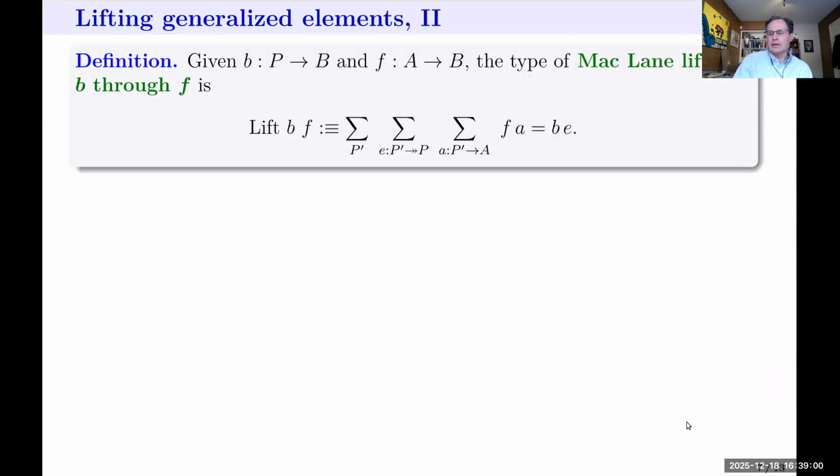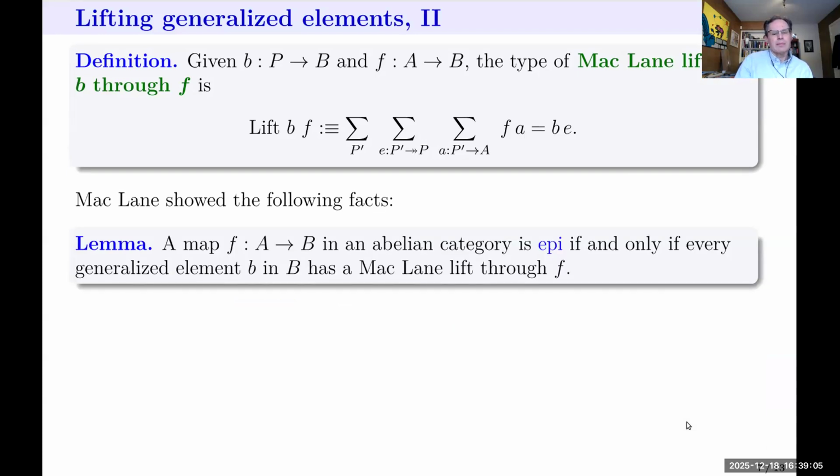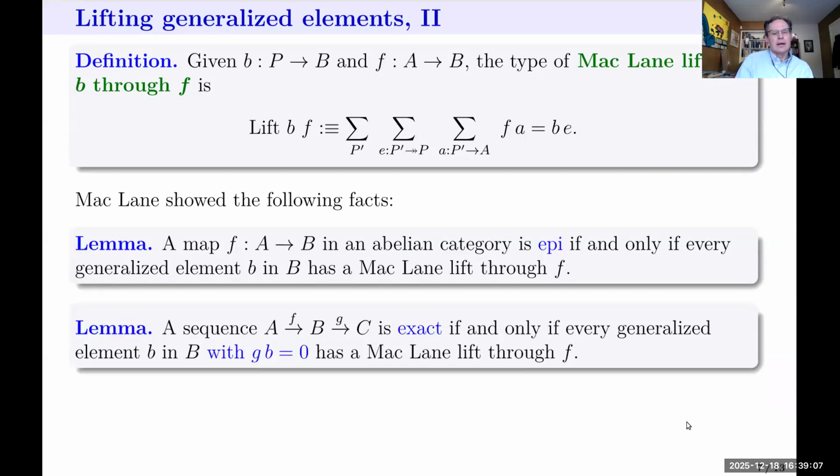Okay, I'm going to repeat that on this slide. MacLean showed two facts. So the first is that you can characterize the epis as the maps for which the generalized elements all have MacLean lifts. And you can characterize the exact sequences as the pairs of maps that, well, they have to compose to zero, and every generalized element in B that goes to zero has a lift.